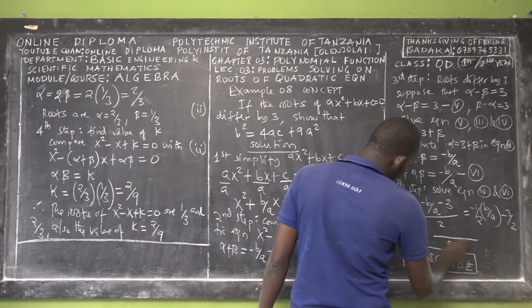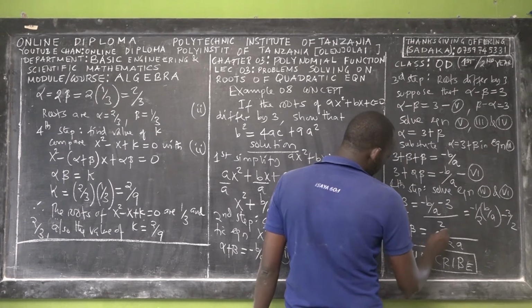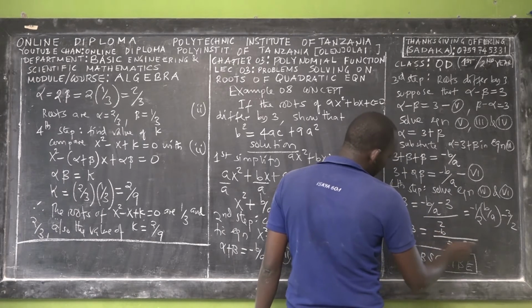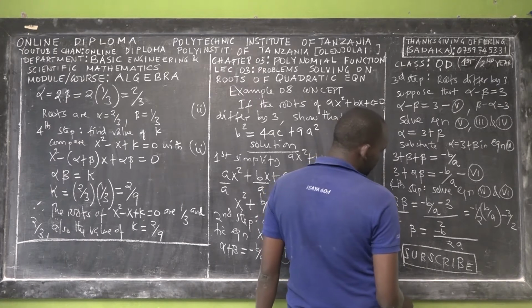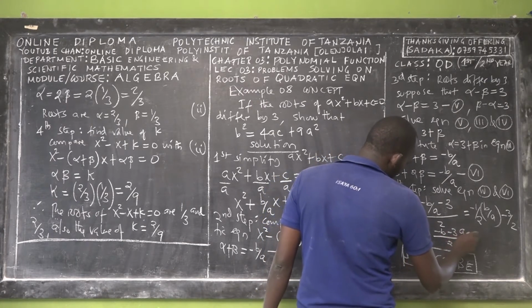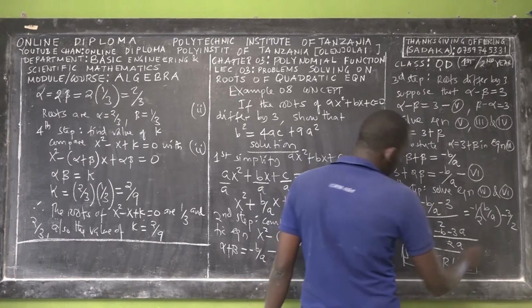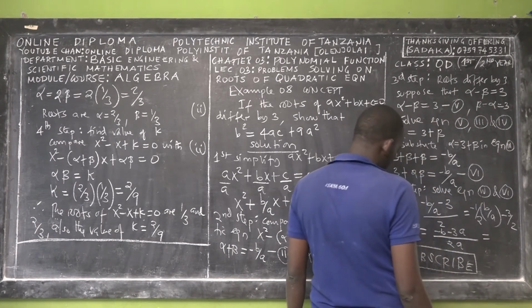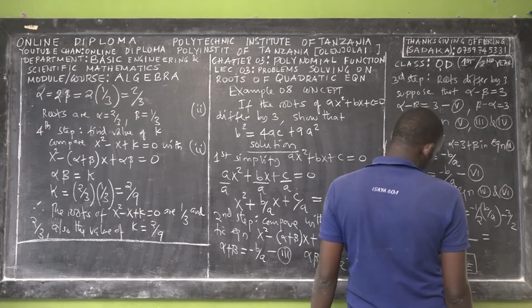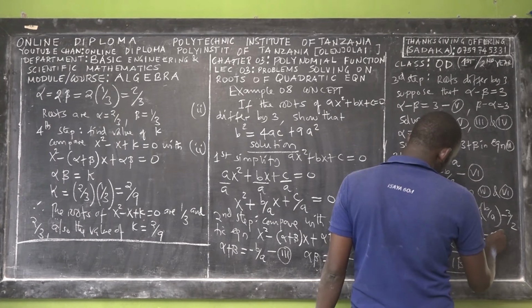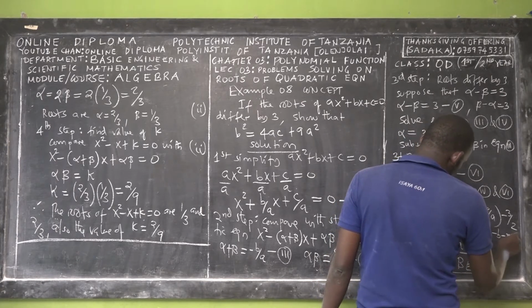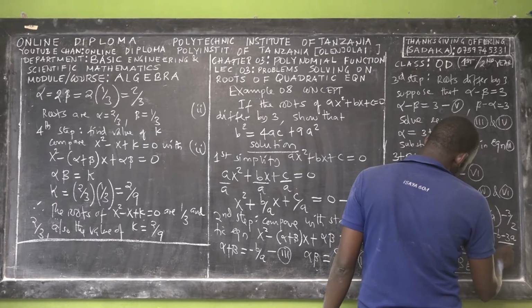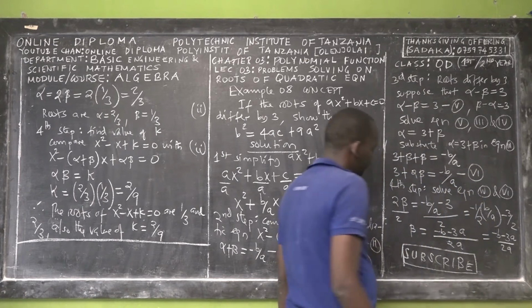LCM is twice a. Twice a over this one, that's negative b. Then twice a over 2, which is negative 3a. So simply, this is equal to negative b minus negative 3a over twice a.